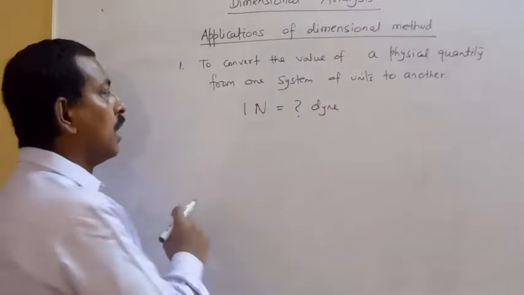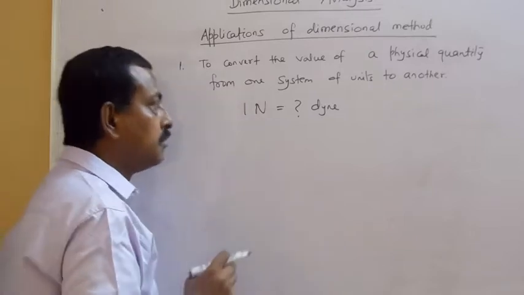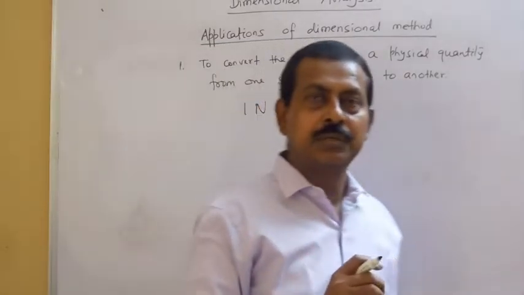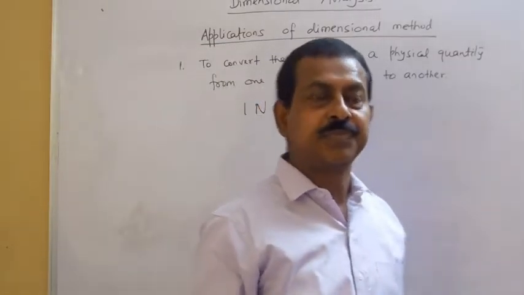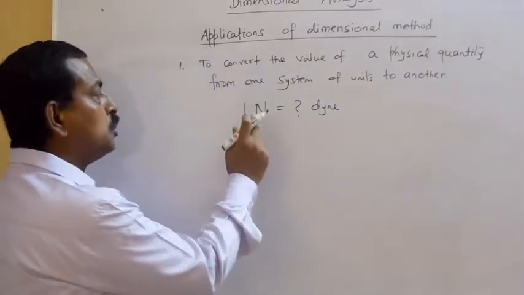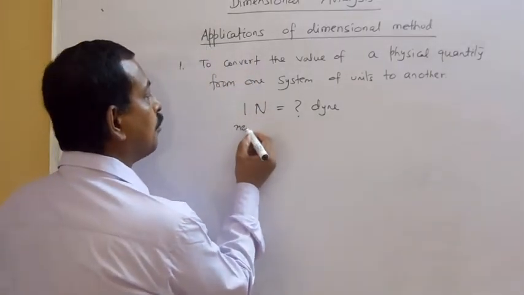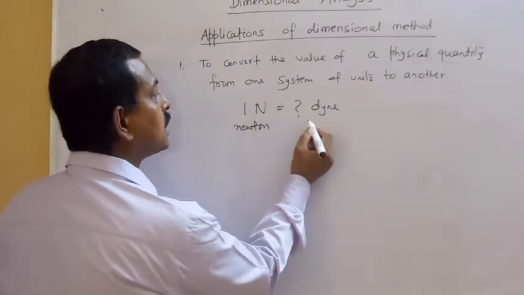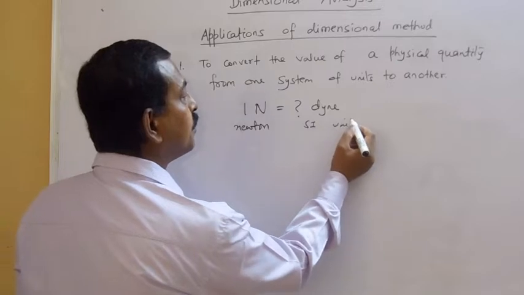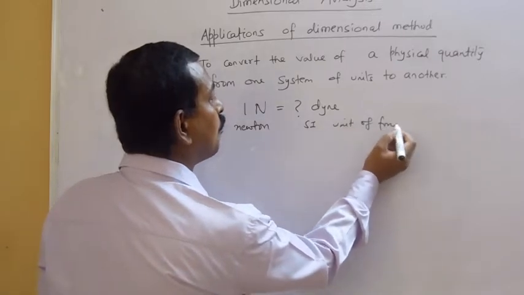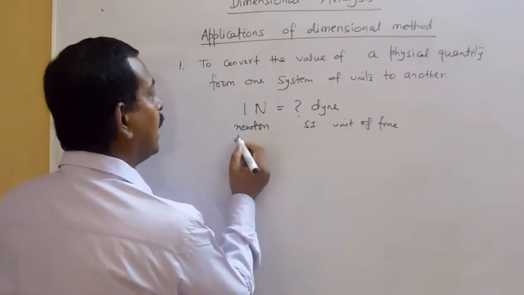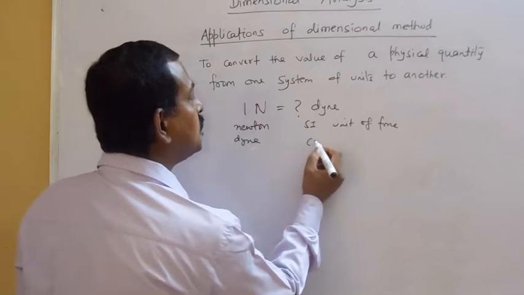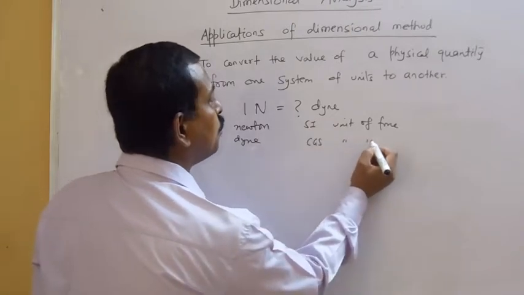Our aim is to find the value of 1 Newton in dyne. Now you know that Newton is the SI unit of force, and dyne is the CGS unit of force.